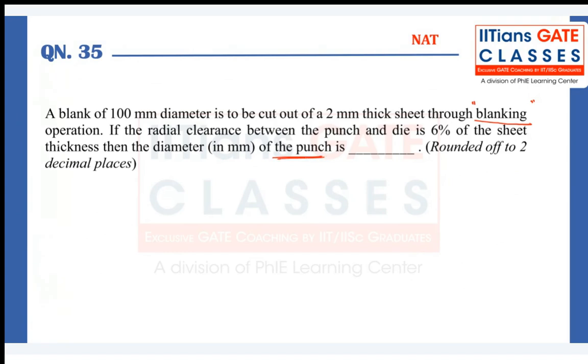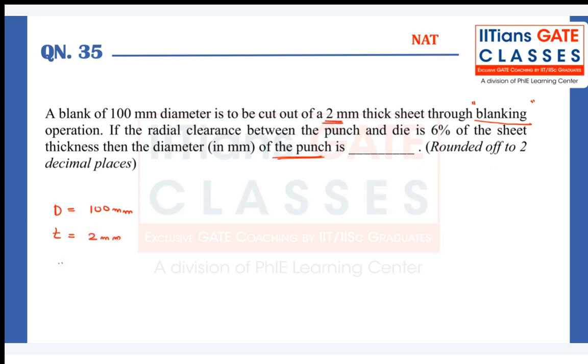Clear, right? Now let's see. Blank diameter D is 100 mm. What is the thickness of the sheet? The thickness of the sheet is 2 mm.